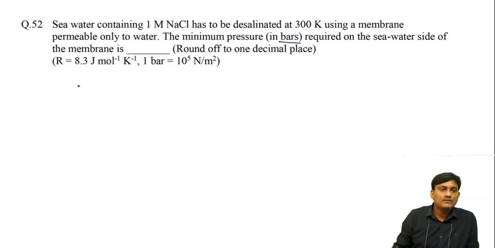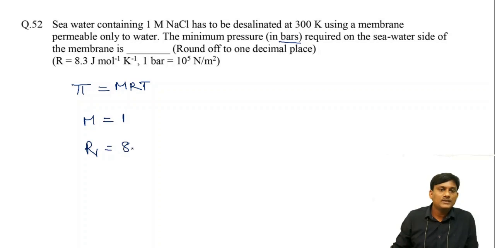Okay, we know that osmotic pressure pi is equal to mRT. Here m is equal to 1 molarity and R is equal to 8.3 joule mole inverse Kelvin inverse.